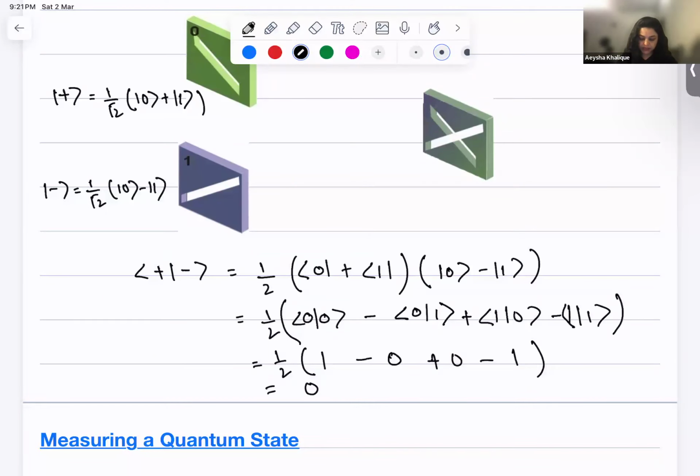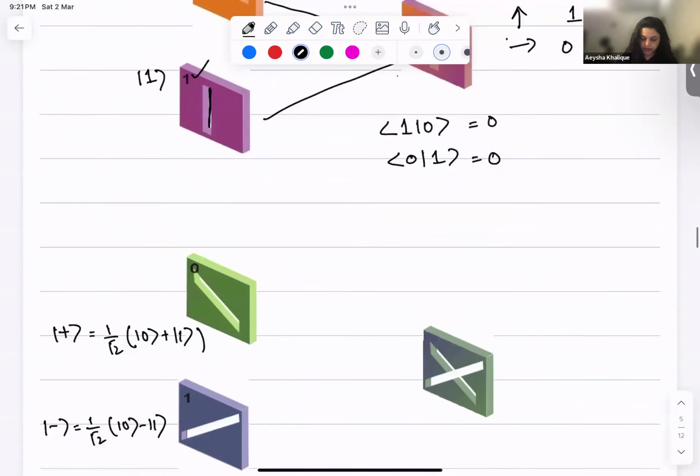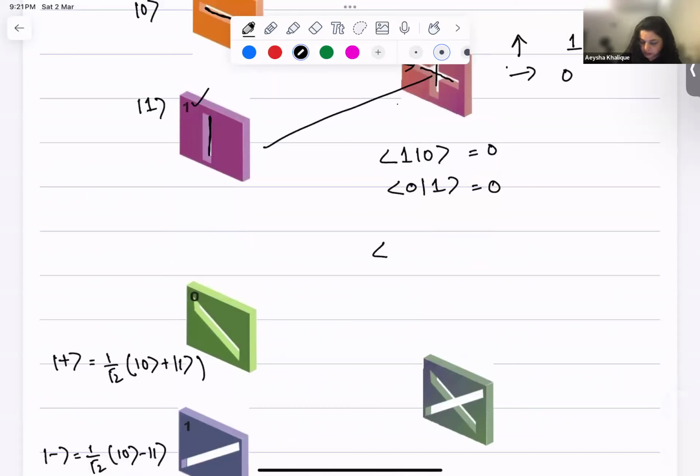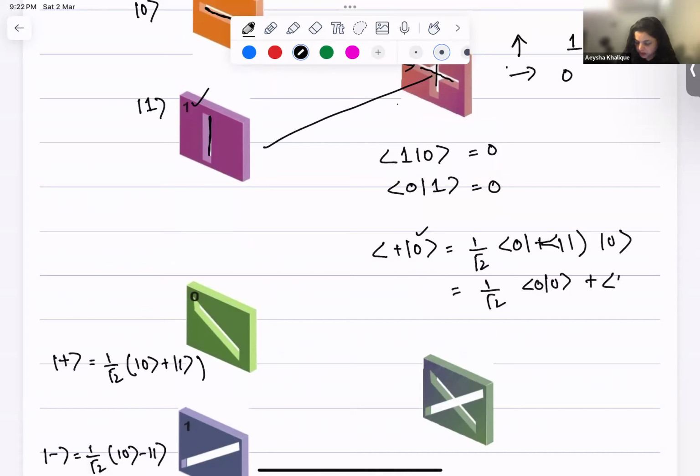But these plus minus states, if you compare them with 0 and 1, so if I take a plus with a 0, what do I get? It is 1 over root 2, 0 plus 1, and I have an inner product with the state 0, right? This will give me 1 over root 2, 0, 0, plus 1, 0.